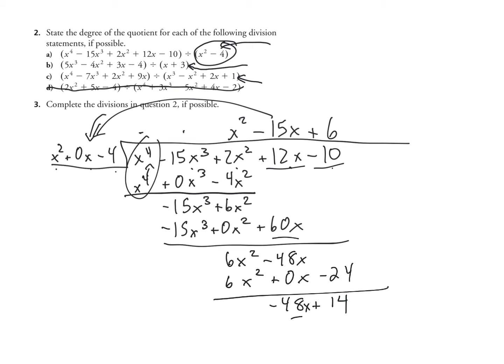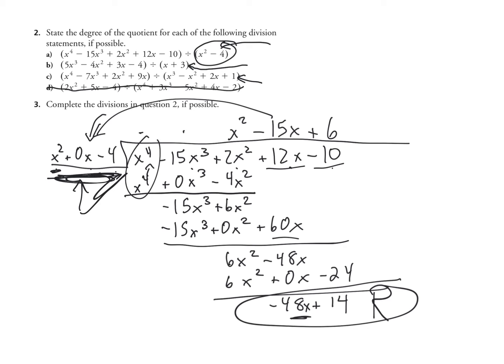And this term is only x. This is an x squared. This one's smaller, so you can no longer divide. This is just your remainder. Since there's a remainder, the divisor is not a factor of the dividend. Right, so I like to write the whole thing out.